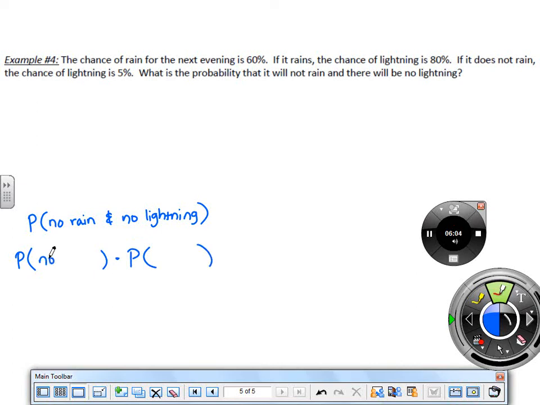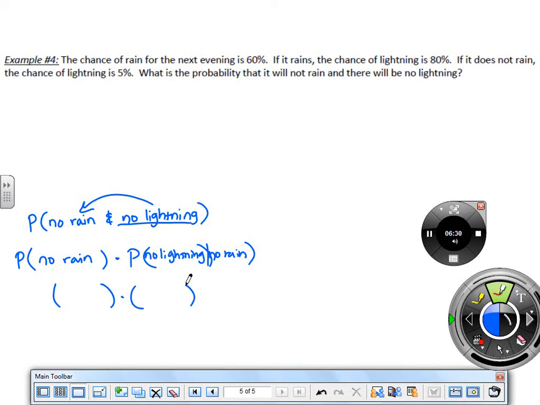So first we want to find out the probability of no rain, and there will be no lightning. Now this part depended on the first part. So the probability here is no lightning, but that's already given that there's no rain. So I need these two numbers to multiply together, and then I can figure out my probability.